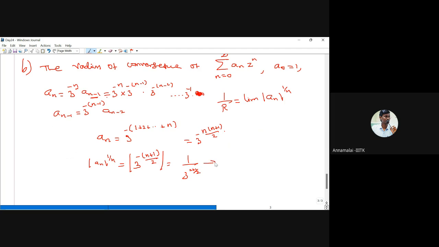This approaches 0 as n goes to infinity. Therefore, 1 by r is 0. Therefore, what is r? r is infinity. So the radius of convergence is infinity.